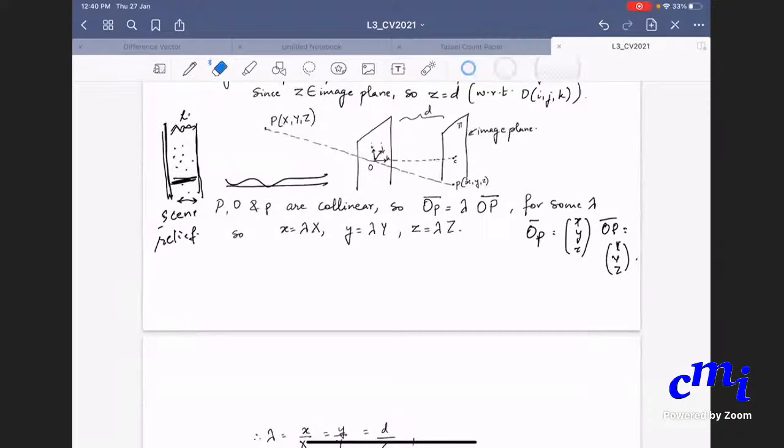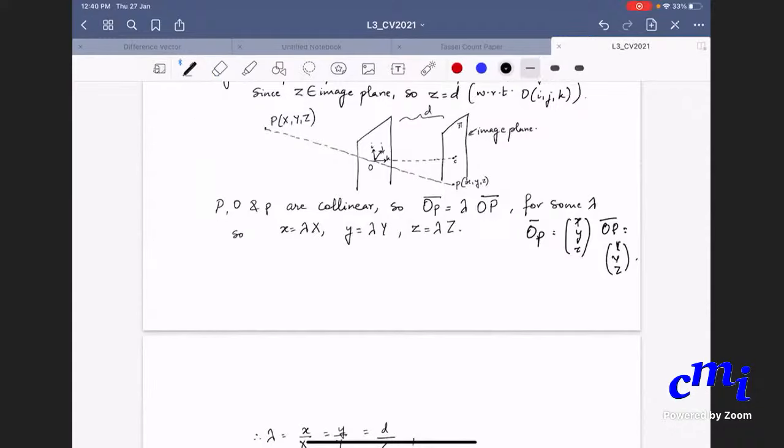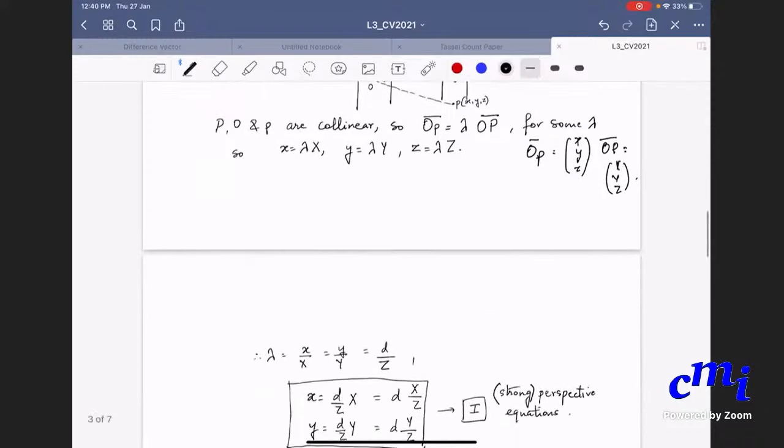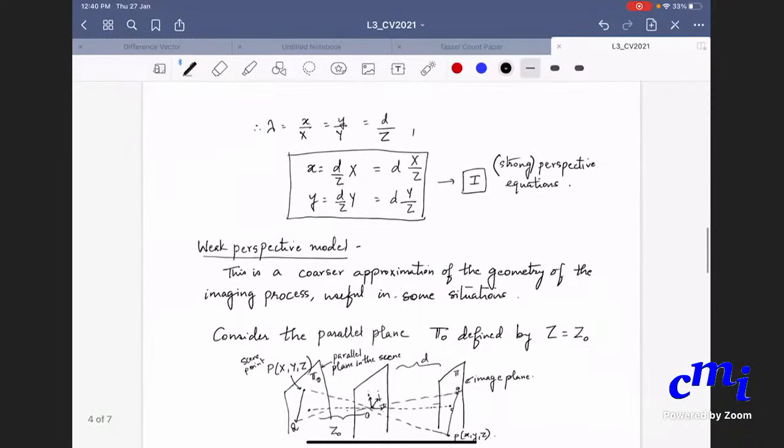Then instead of having such a diagram or description of the situation, there is a simpler description, called the weak perspective model. This is not used always, and it is a coarser approximation to this whole imaging process, but it is useful in some situations, and it's very simple.